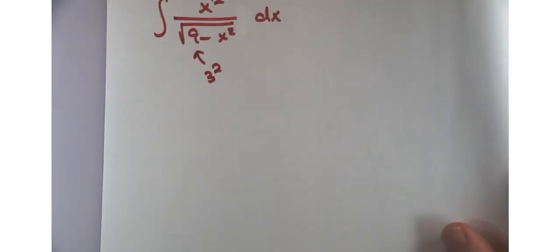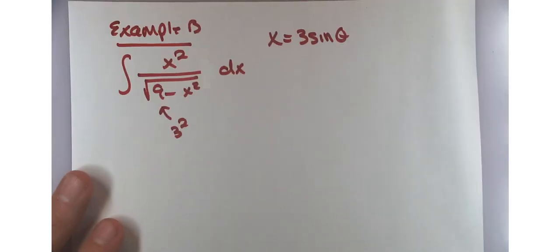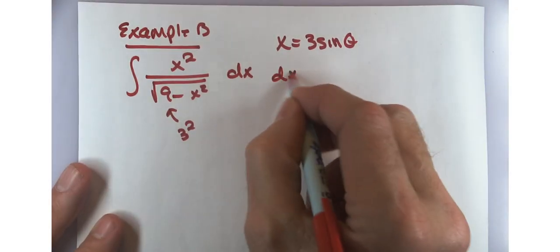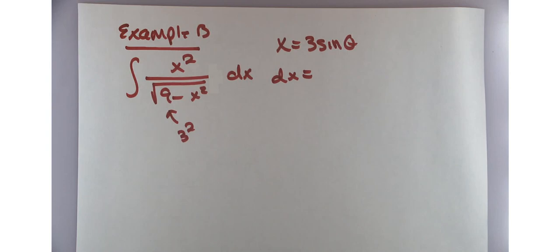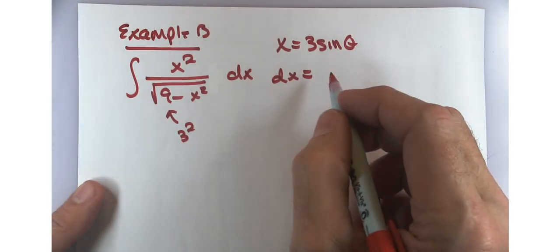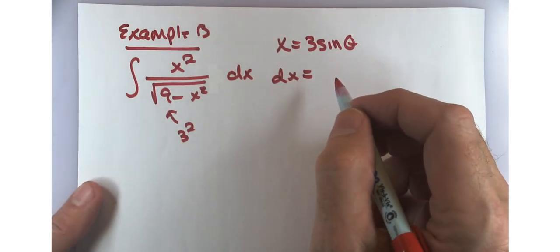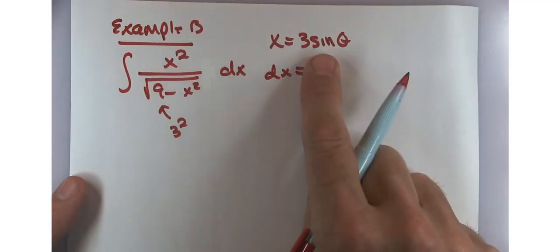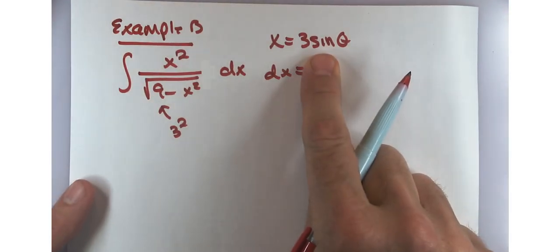All right, let's finish up our substitution: x is 3 sine of theta. That means I need a dx term. Curtis, what do we got for dx? If you differentiate this with respect to theta, what are we going to get?